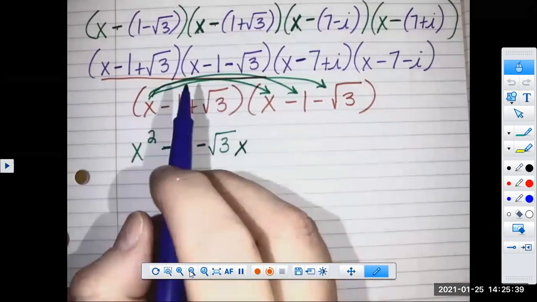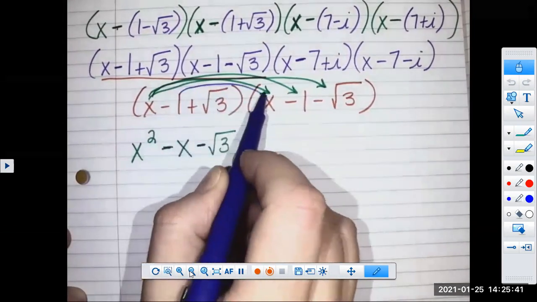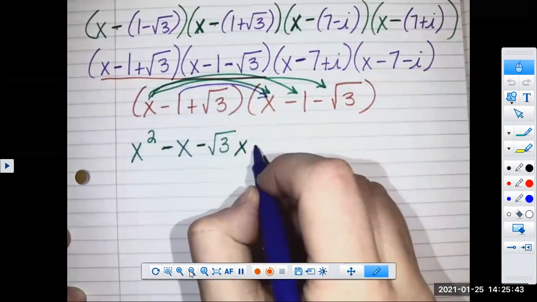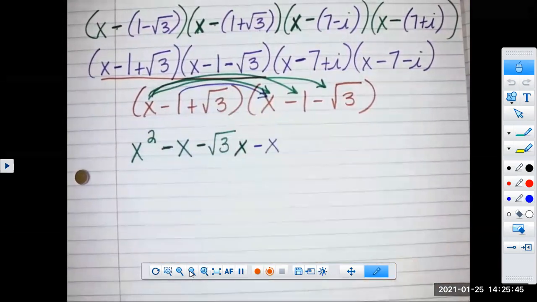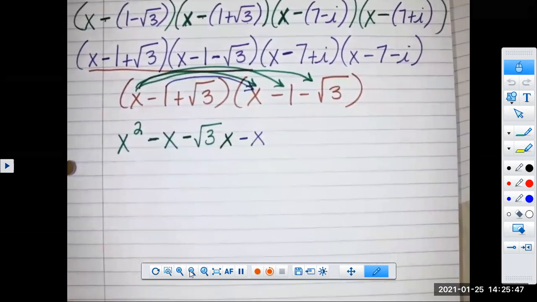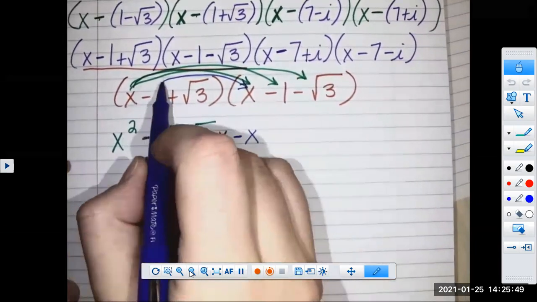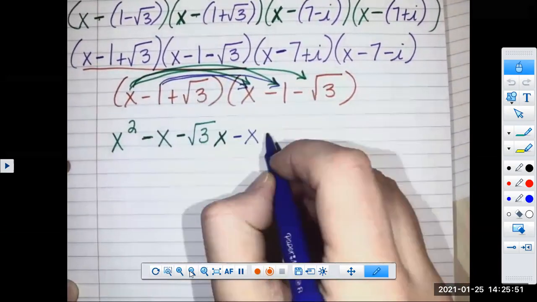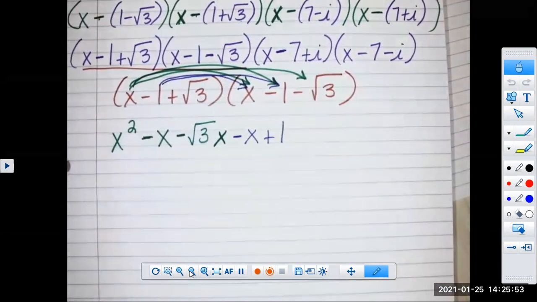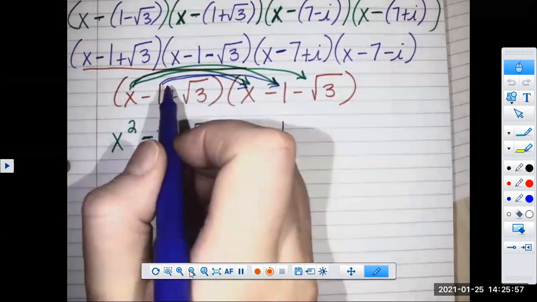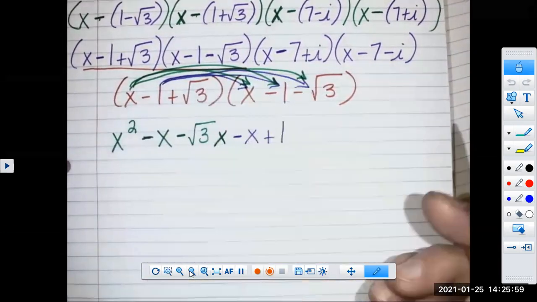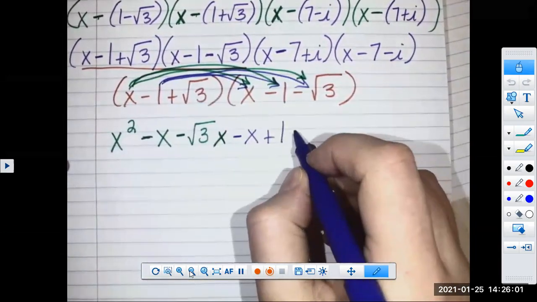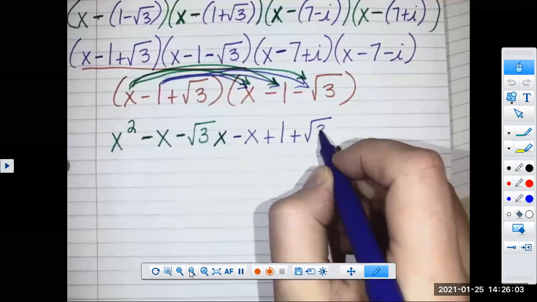Okay, same thing with -1. Make sure you multiply it to x. -1 times -1. -1 times -√3, so that becomes +√3.